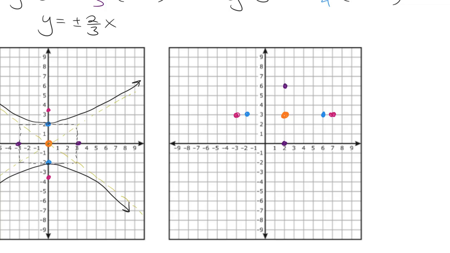That gives me the dimensions of my little box, so that I can then take my asymptotes and draw them from corner to corner of the boxes, and then go from the vertex close to the branches.